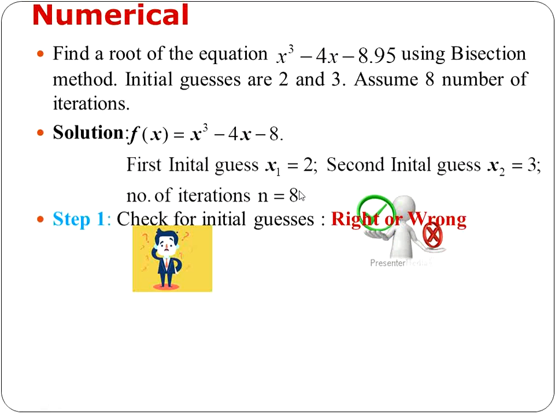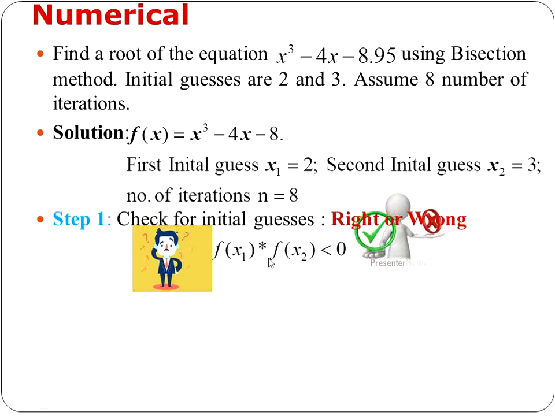It means whether the final root of this equation lies between the two initial guesses. If not, you can change your initial guesses. For that we can use this formula: the function of x1 into the function of x2 should be less than 0. If this happens, then we can say our initial guesses are right.